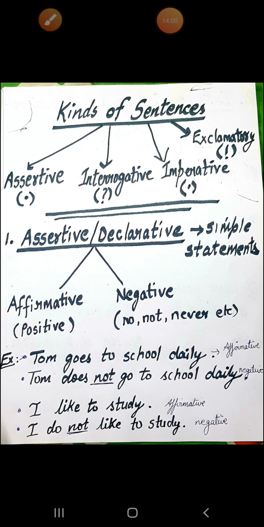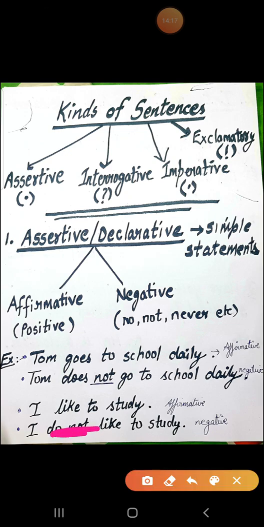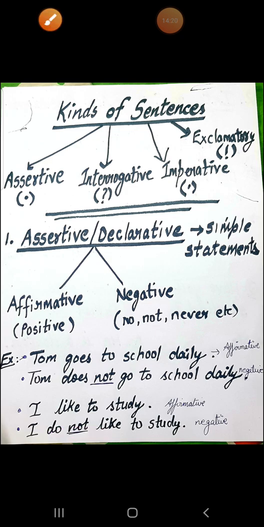This is an affirmative sentence, and students never say this thing. What do they say? I do not like to study. So this not is again what? A negative sentence.